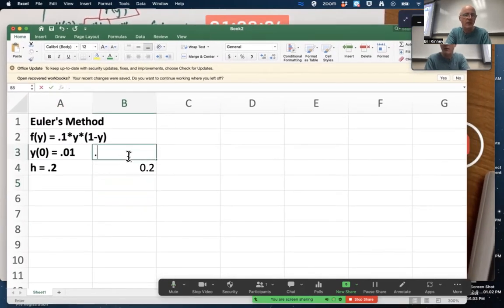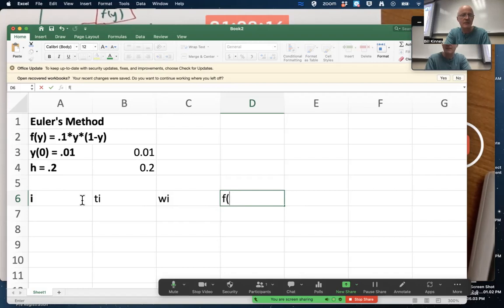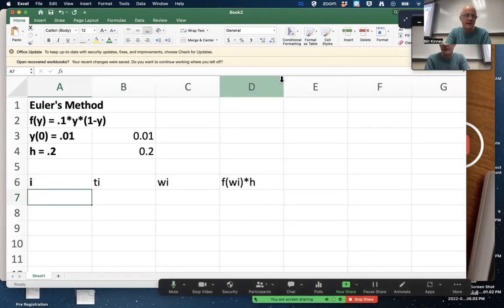And I'll put the 0.01 here in cell B3 as a number. I guess this is in B4. Okay, make your table: i, Ti, Wi, f of Wi, and f of Wi times h. And do your typical kind of thing here with the i column, start at 0 and keep going up by 1.